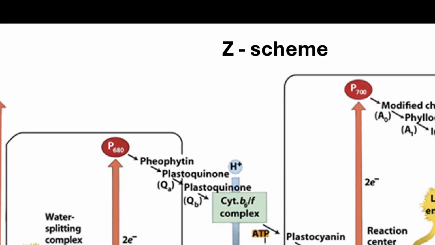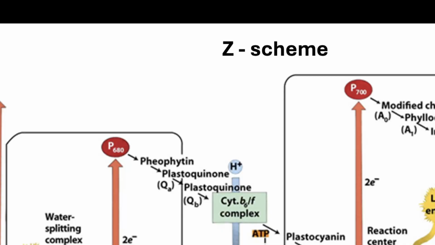Adenosine triphosphate, which is the direct energy currency of the cell, and NADPH, nicotinamide adenine dinucleotide phosphate, which is also a currency later used as energy, which are needed for the Calvin cycle. So this feeds into the Calvin cycle. The name Z scheme comes from the zigzag shape of the electron energy levels in this process.